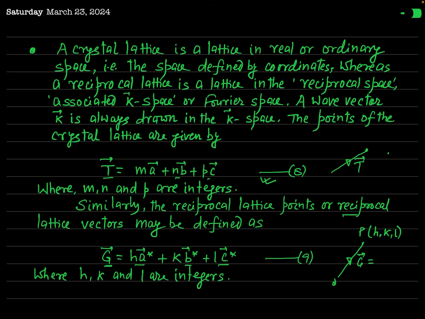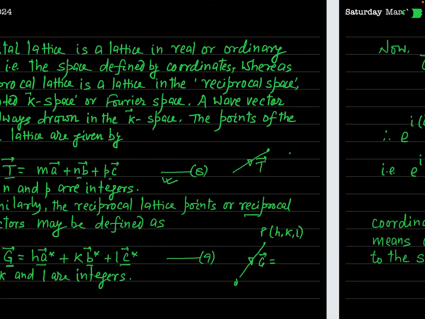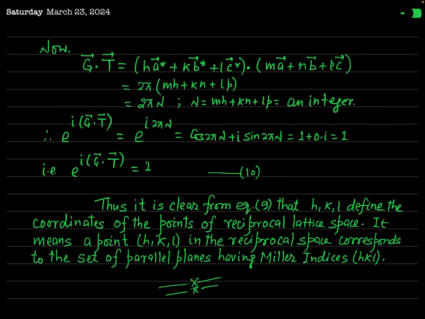But how are this G and T related to one another? And for this, we find the scalar product of G and T. You can see G dot T will be what?